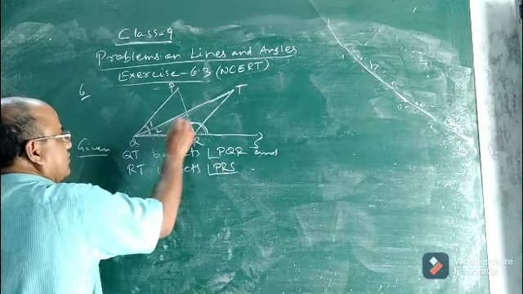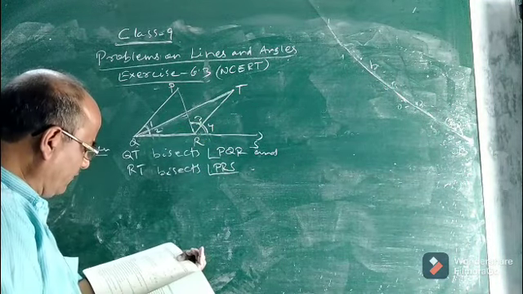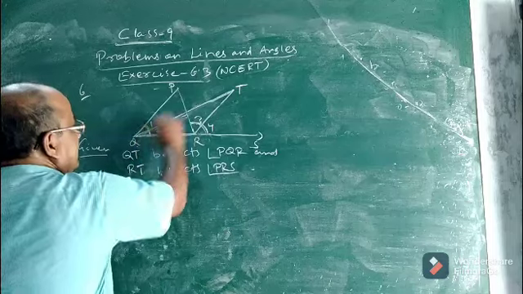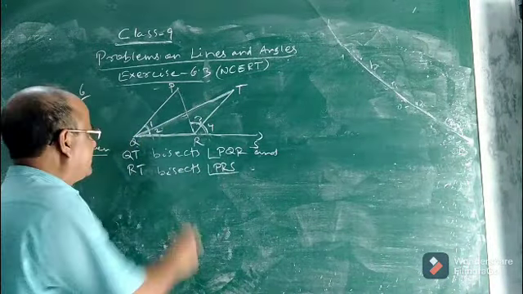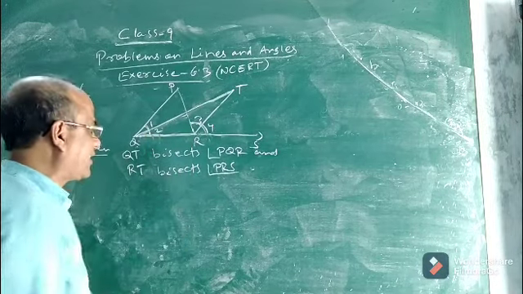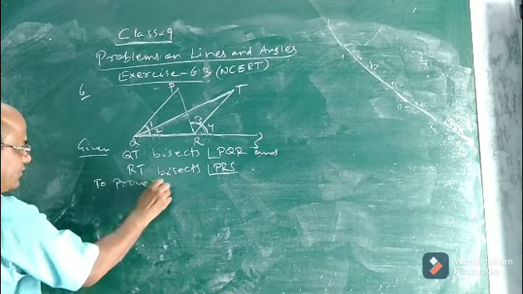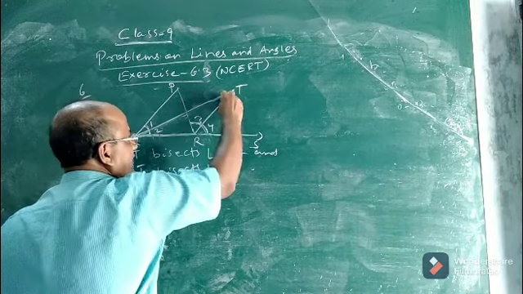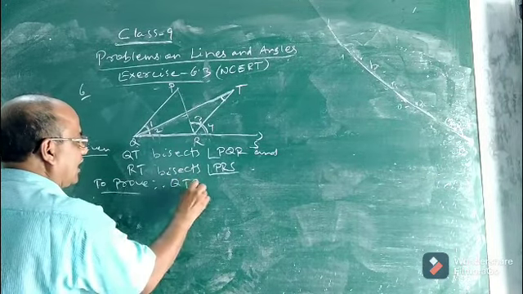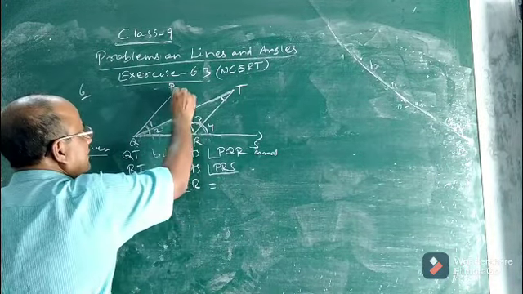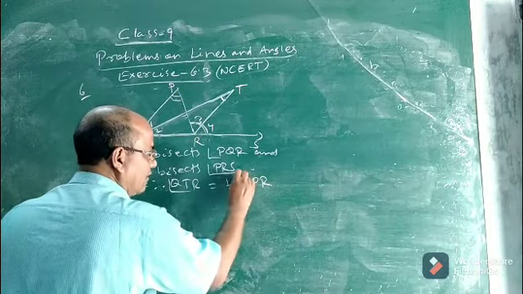Suppose this is angle 1, this is 2, angle 3, angle 4. Now what do we have to prove? QT and RT are the bisectors of angle PQR, the interior angle, and angle PRS, the exterior angle. We have to show that the angle formed at T, that is angle QTR, will be equal to half of angle QPR. How to prove it?